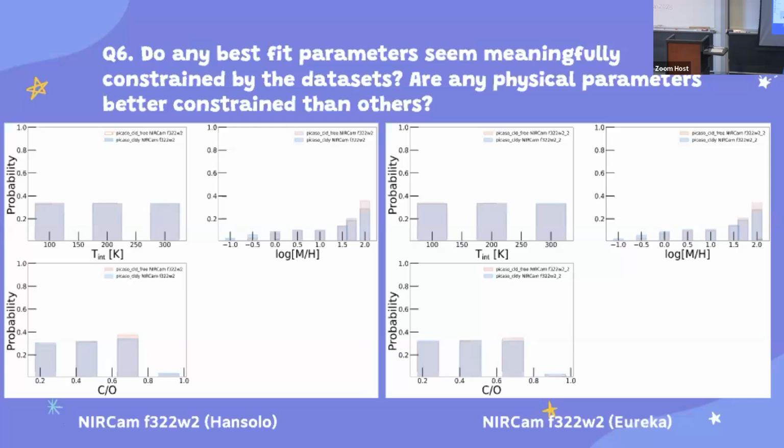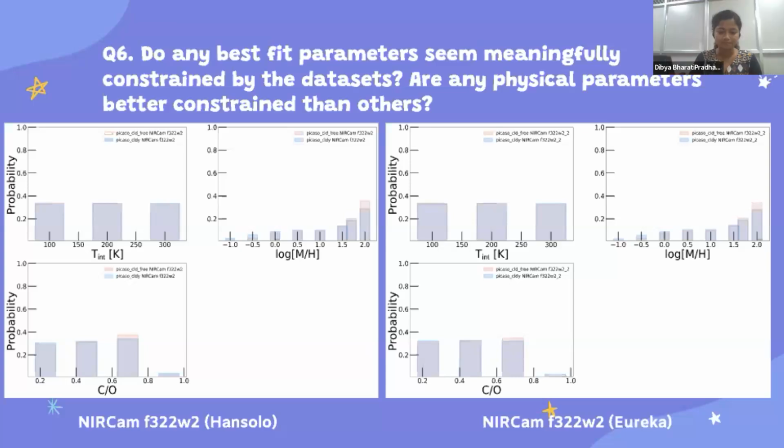So cloud-free cases tend to want to be at higher metallicity, whereas when you stick in the clouds, the bucket of probabilities at that 100 times higher solution decreases ever so slightly. So you're not really getting meaningful constraints. And here for C to O, you see kind of equal probabilities, meaning maybe you couldn't constrain these parameters, but a big drop here. So maybe you could exclude those solutions.